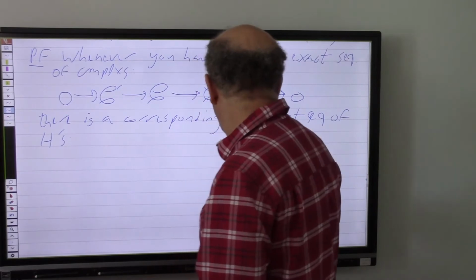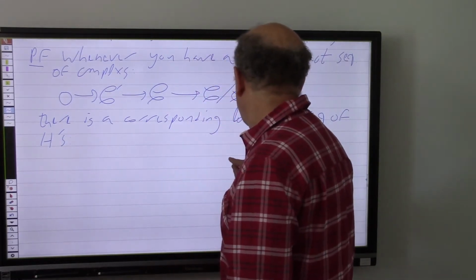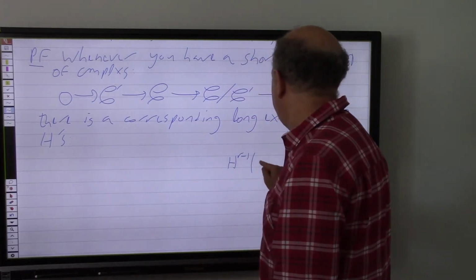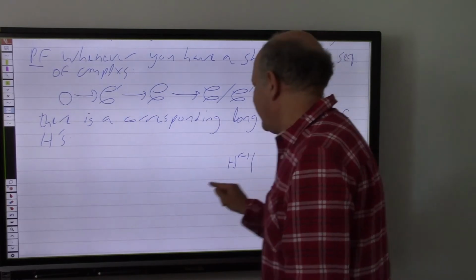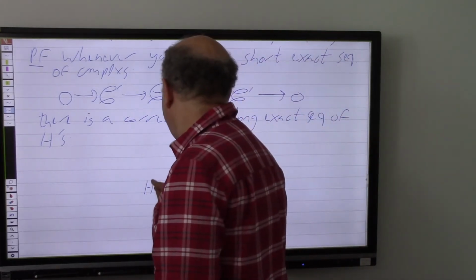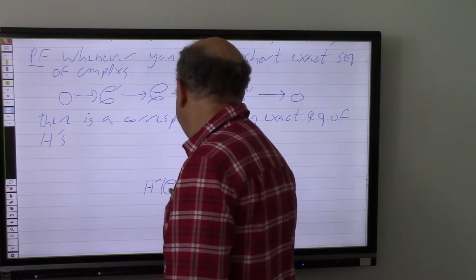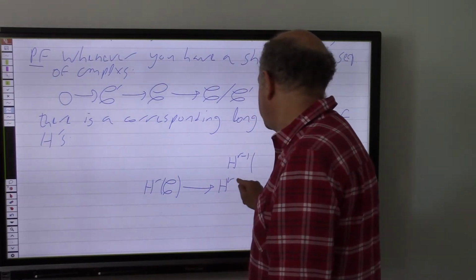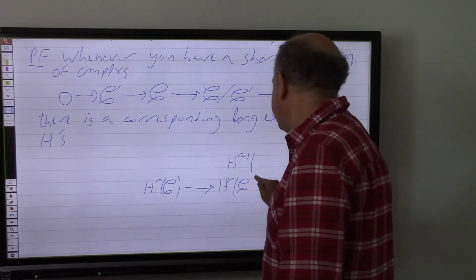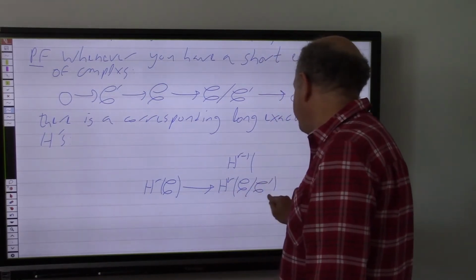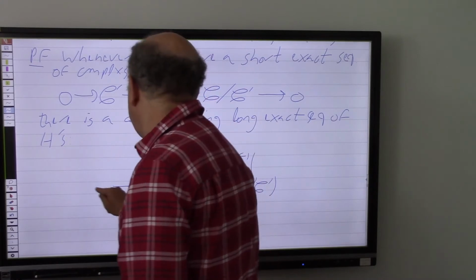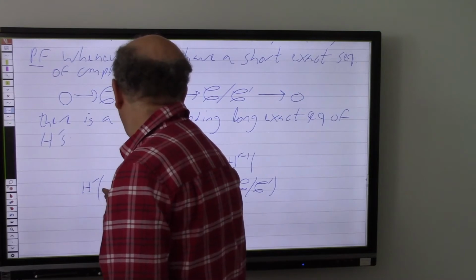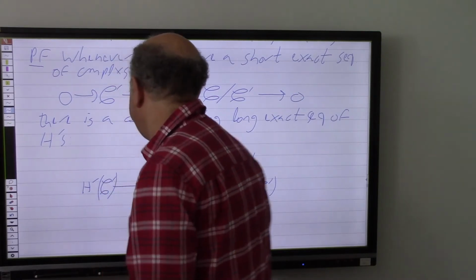So it goes like this. You know what, let's start with level r. So the rth homology of the complex C maps into the rth homology of the complex C modulo C prime, and there is a map into it from the rth homology of the complex C prime.